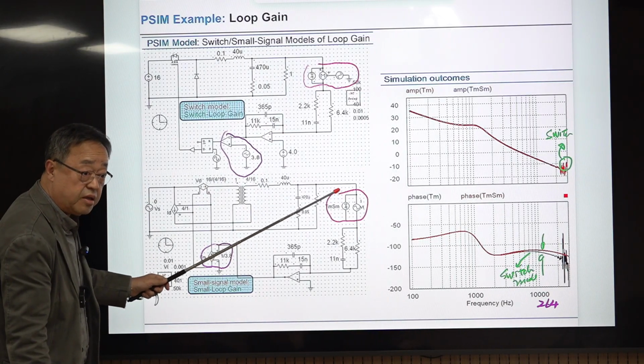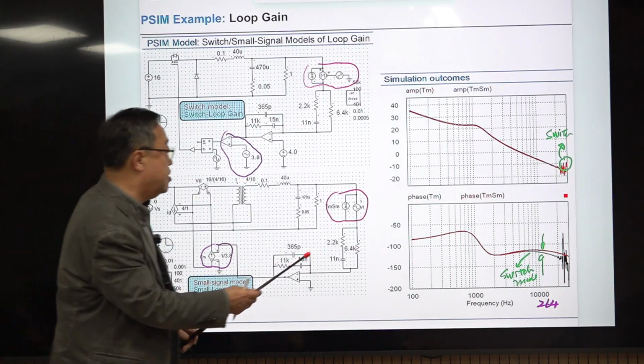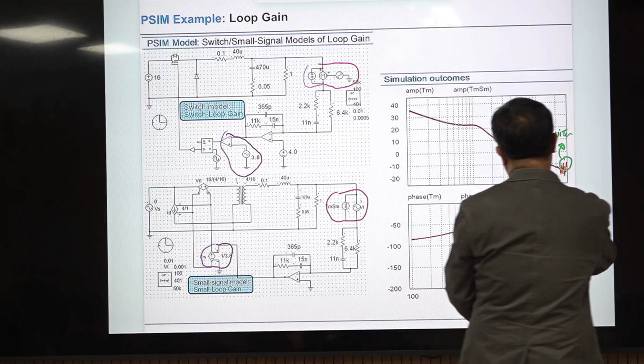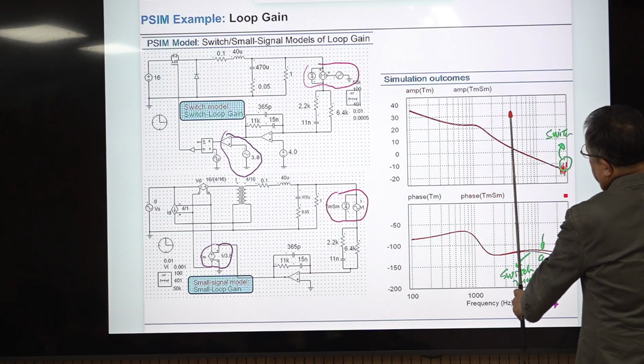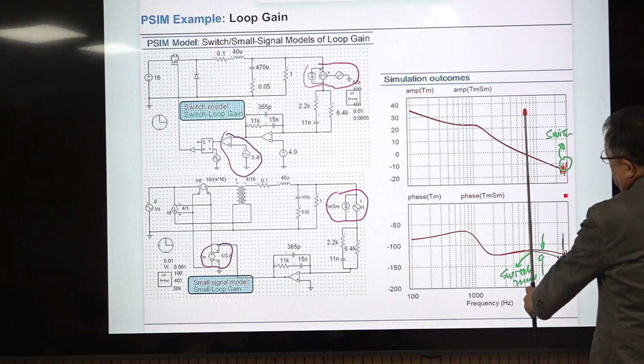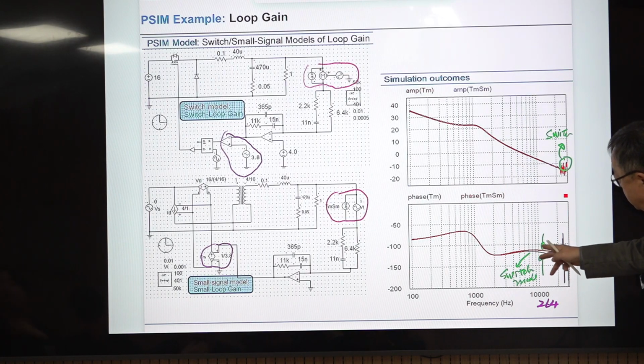But they are very good. So up to this point, they are the same, and if you increase this, then a phase difference comes up. So placing the loop gain crossover frequency here to obtain the largest phase margin is not true.